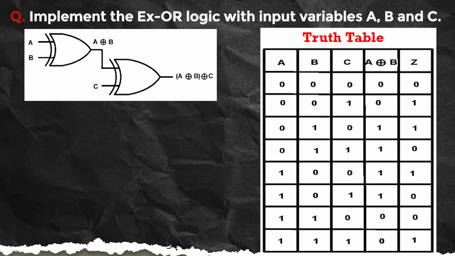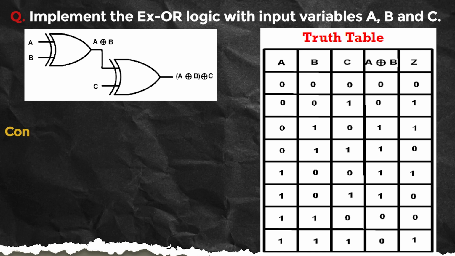When one of the inputs is 1, as in the third row, where A is 0, B is 0 and C is 1, the output is 1. When you come to the fourth row, where A is 0, B is 1 and C is 1, the output is 0. And in the last row, when A is 1, B is 1 and C is 1, the output is again 1.